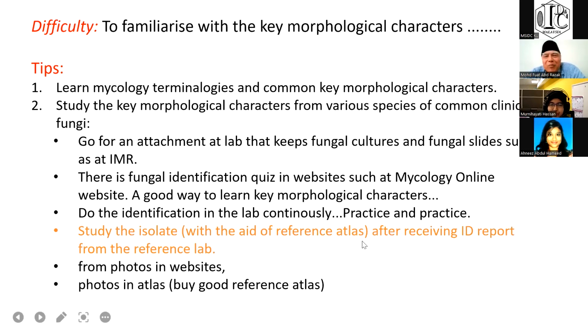When you look at a fungus under the microscope, don't try to think whether this is phialides, annellides or conidiophore. That will be a very difficult question to answer. Just make sure you can see the conidiogenous cell. That is very important. But there are some features that you can use to differentiate phialides from conidiophore if you're lucky.